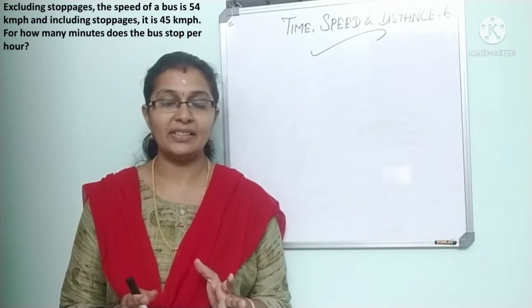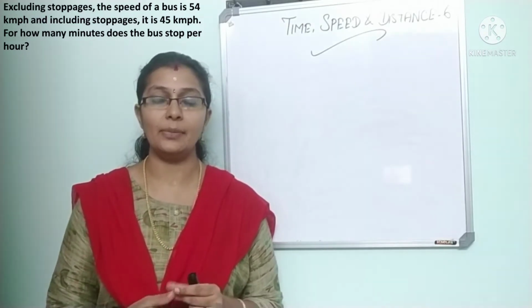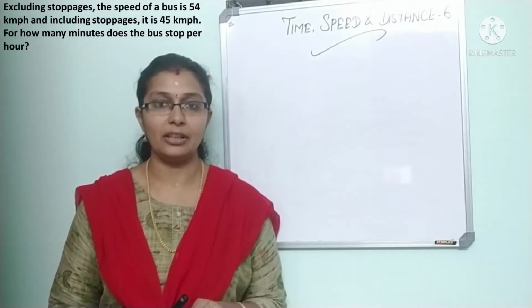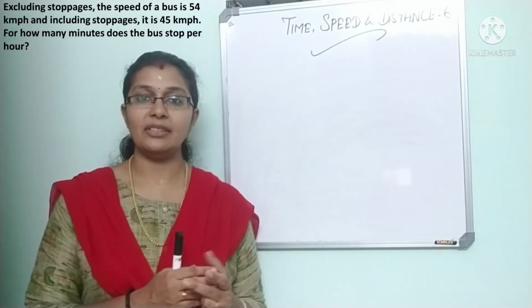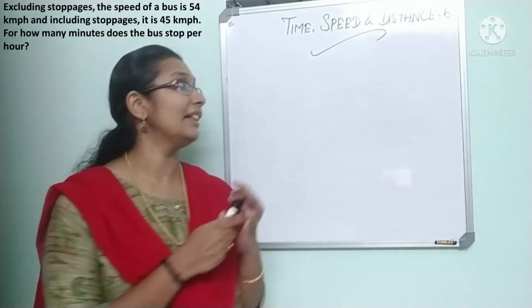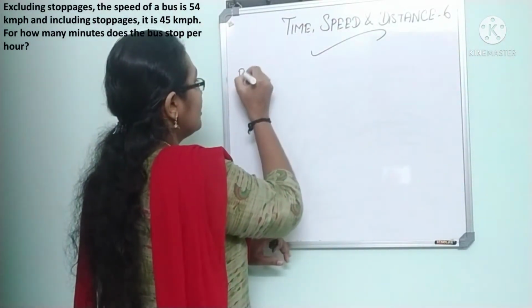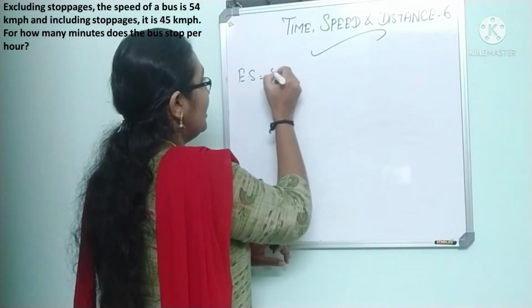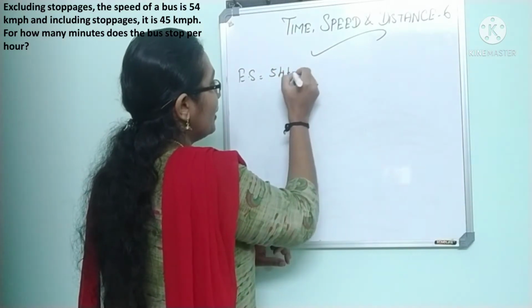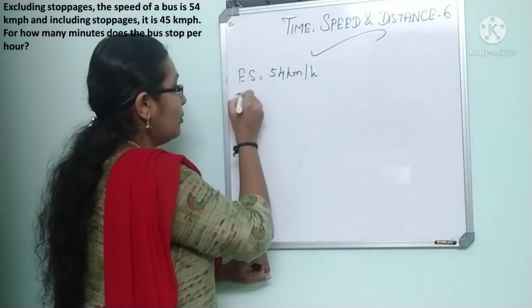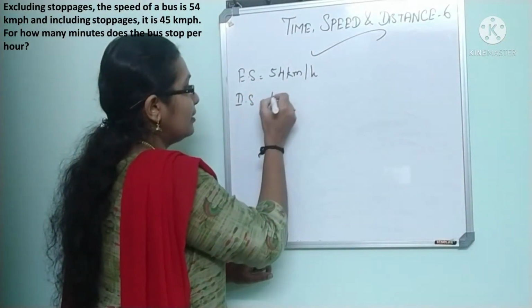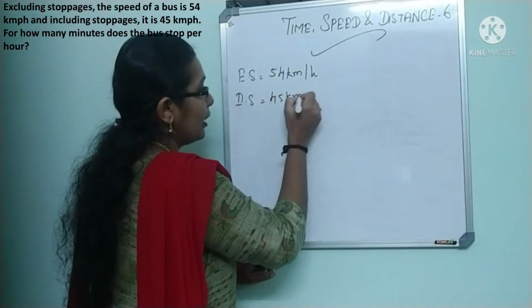So listen to the question carefully. We will solve using the traditional method as well as using a shortcut. First understand the question. There are two important terms they are saying, excluding stoppages and including stoppages. Excluding stoppages it is travelling 54 km per hour, which means the speed is 54 km per hour, and now including stoppages it is 45 km per hour.